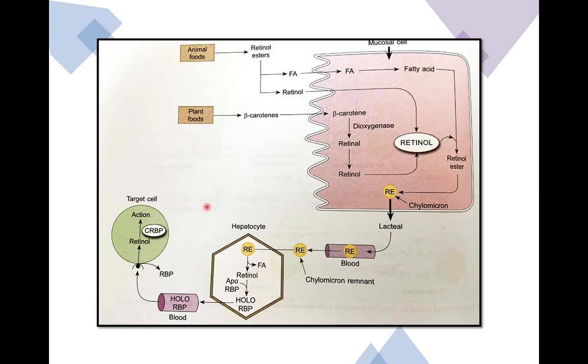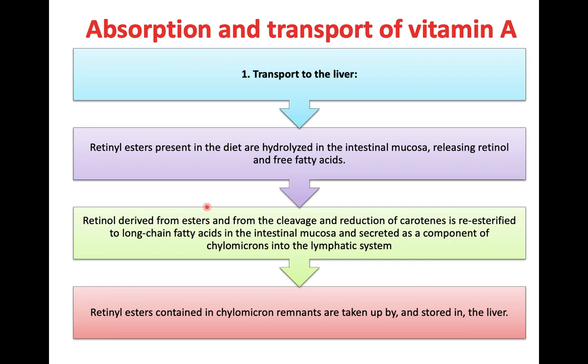Okay, so this is about the absorption and transportation of vitamin A. This particular slide shows the same thing which we have just now discussed. You can look at all these lines and write in this fashion about the absorption and transportation.